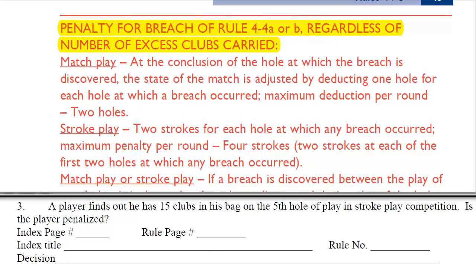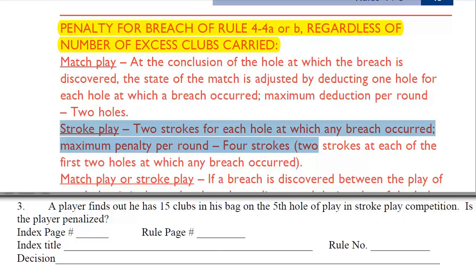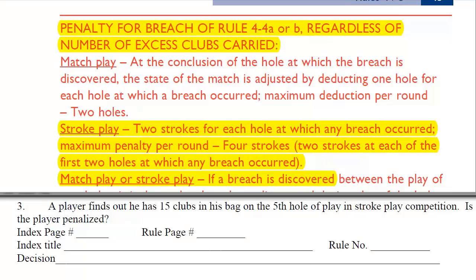We actually infracted 4-4A. We look at the question, we know we're under stroke play, so this is where we're going to be interested in reading. It says stroke play, 2 strokes for each hole at which any breach occurred. Maximum penalty per round, 4 strokes. 2 strokes at each of the first 2 holes in which any breach occurred.